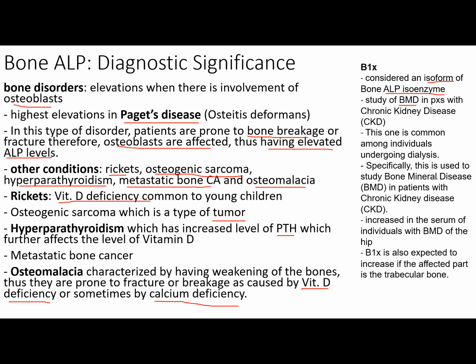This is specifically used to study BMD in patients with CKD and increase of individuals with BMD of the hip. B1X is also expected to increase if the affected part is the trabecular bone. So makikita mo tong si B1X, class, in patients with bone mineral disease undergoing dialysis due to CKD. And usually related siya kapag meron kang or affected yung trabecular bone mo.